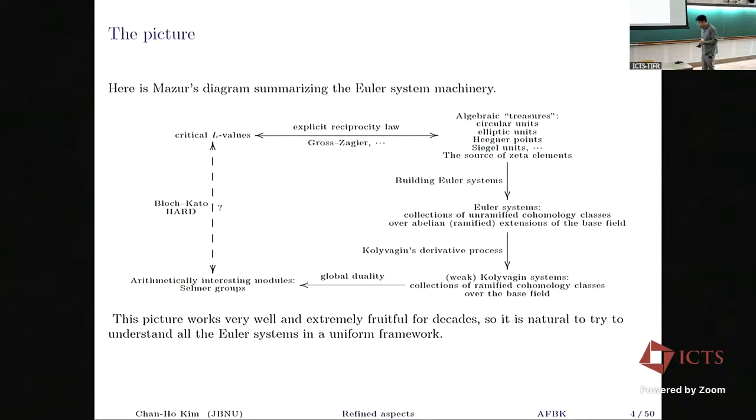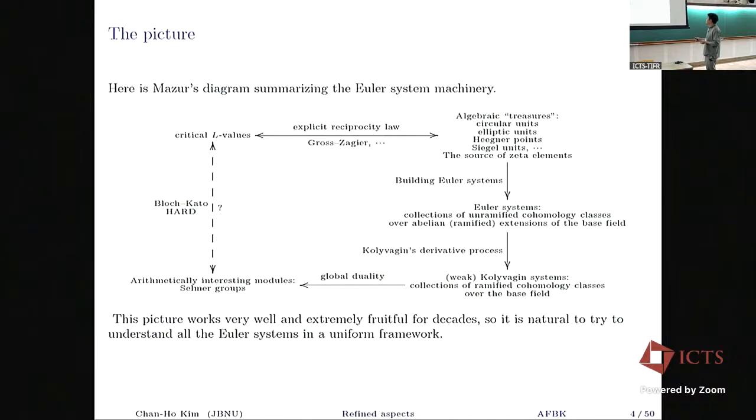This is Mazur's diagram, which summarizes this picture. We start with some algebraic treasure: the cyclotomic units, elliptic units, Heegner points, singular units, the source of all the Z elements, and make a connection with the critical L-value via the explicit reciprocity law or the Gross-Zagier formula.